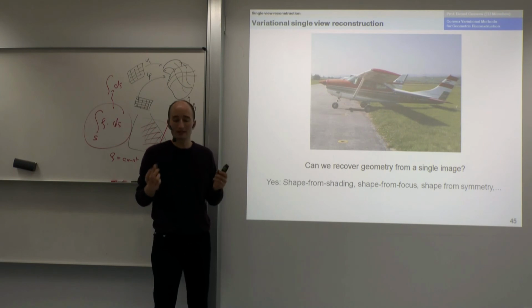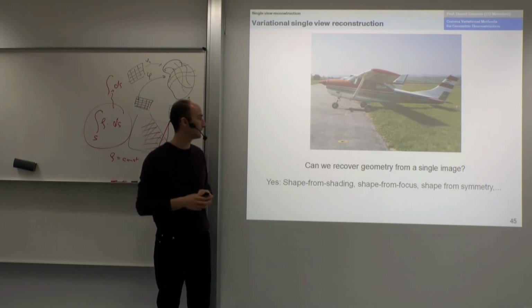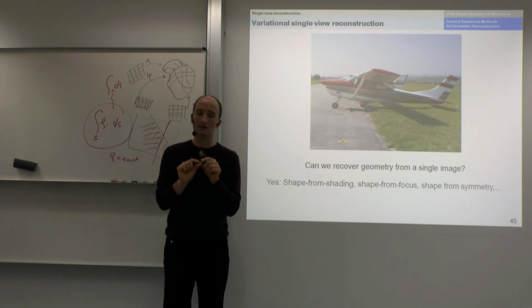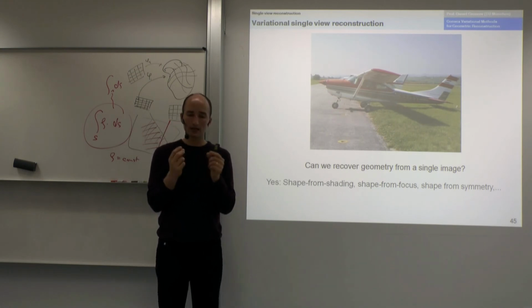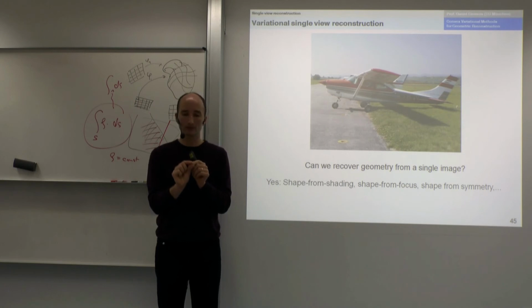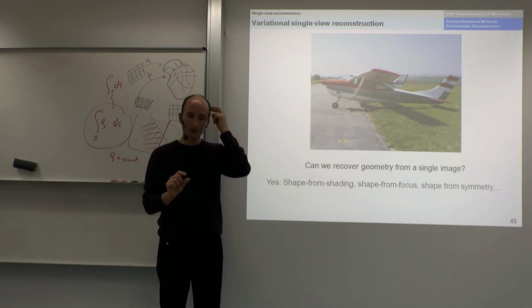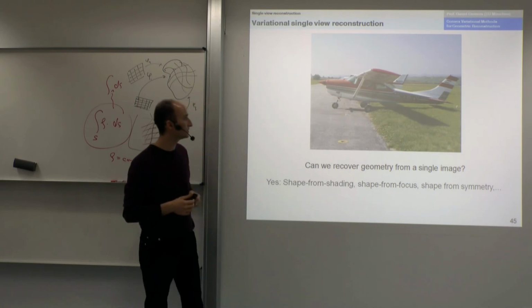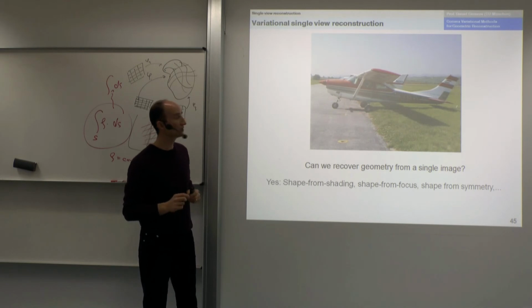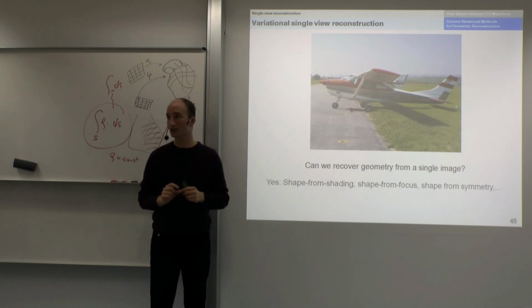And so it depends to what extent your camera is a pinhole camera. The pinhole camera, the more classical camera that is used to explain the image formation process, is such that everything is in focus actually.